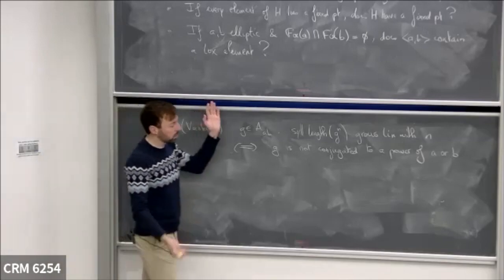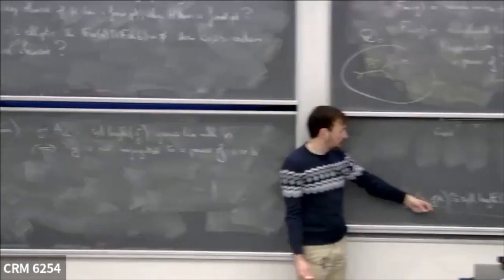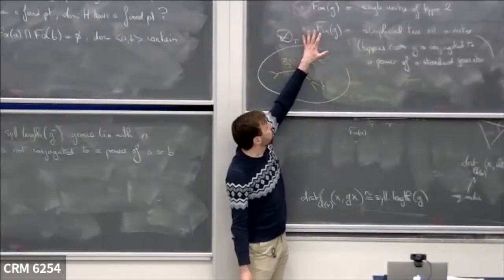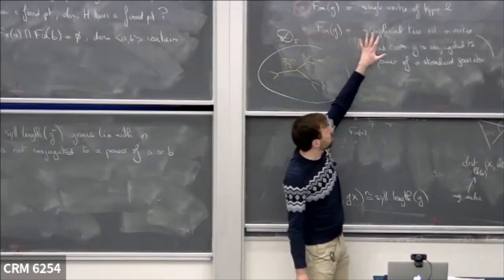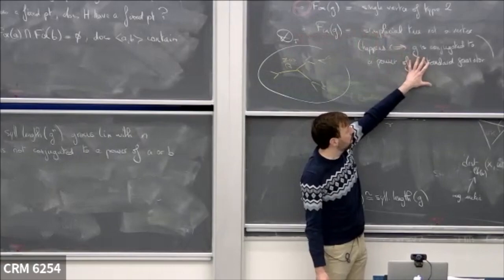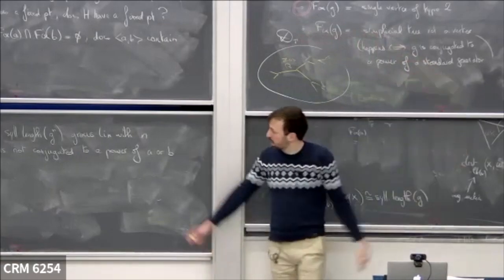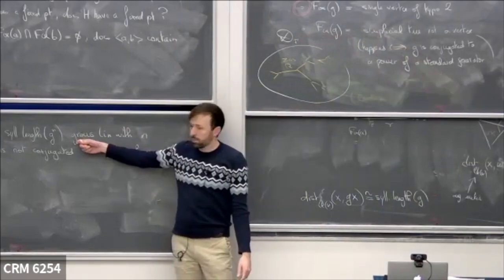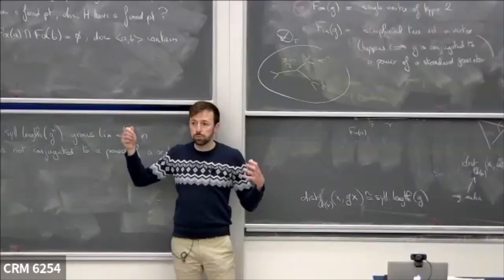But that's exactly what we need here to guarantee that if we have an element whose fixed point set is a single vertex, which means in particular that the element is not conjugated to one of the two generators, then by that result, the syllabic length of its powers is going to explode.